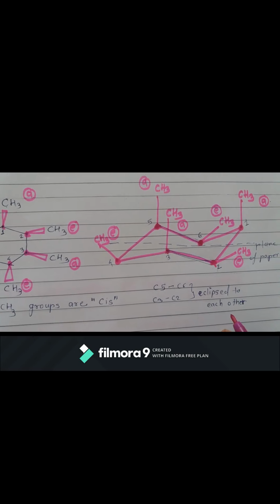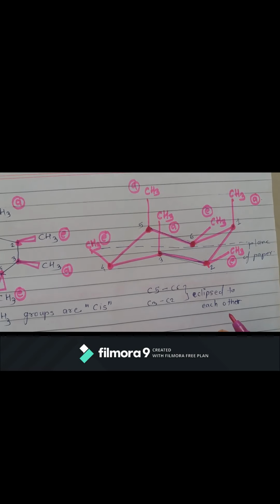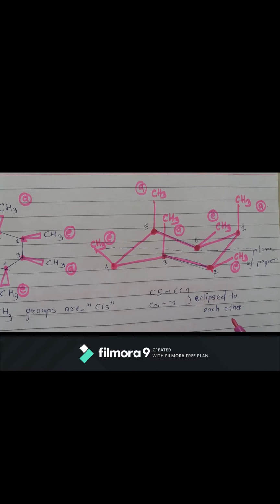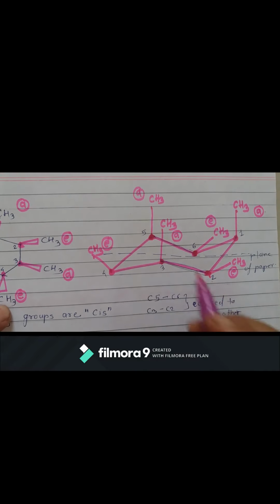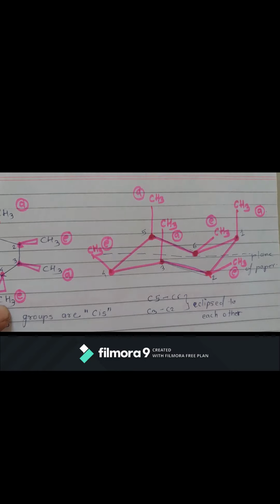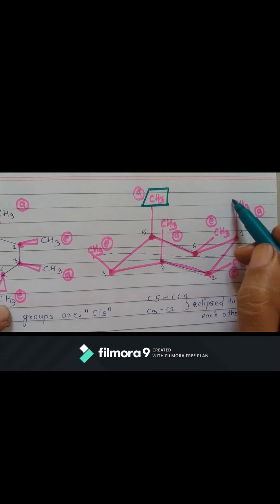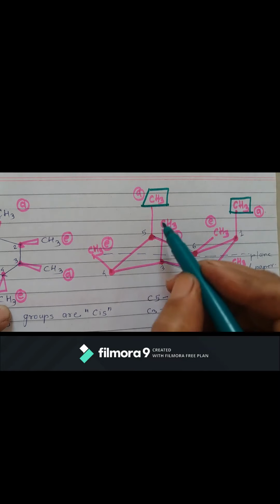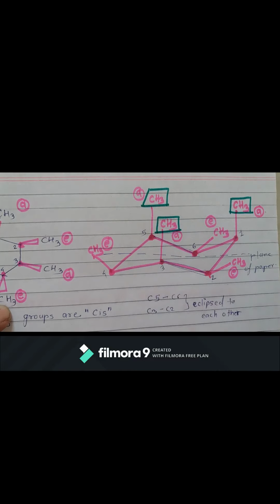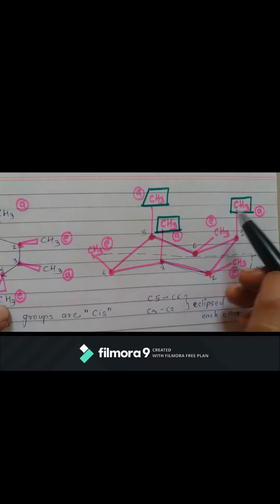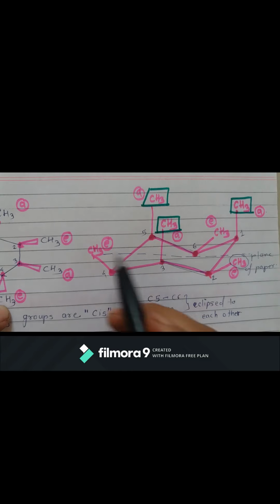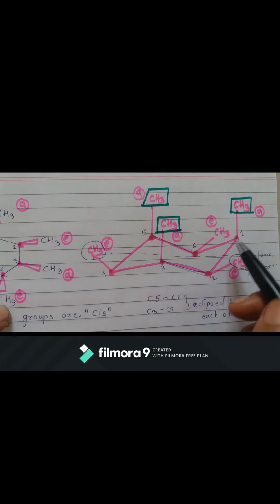Now if you pay attention to the different methyl groups present in the cyclohexane system, if you see carefully, three methyl groups come in axial fashion. Three methyl groups are axial, and the remaining three methyl groups, at the positions second, fourth and sixth, are equatorial.